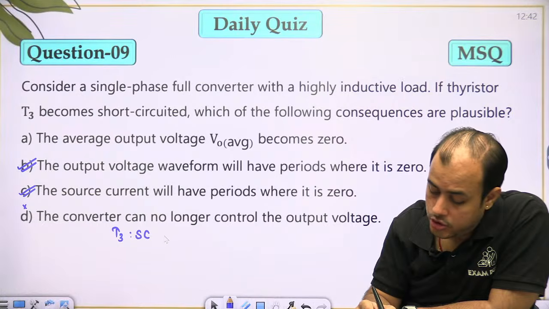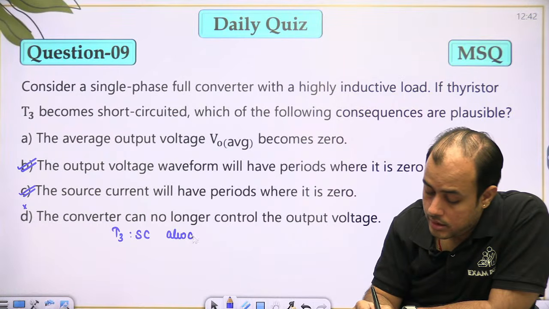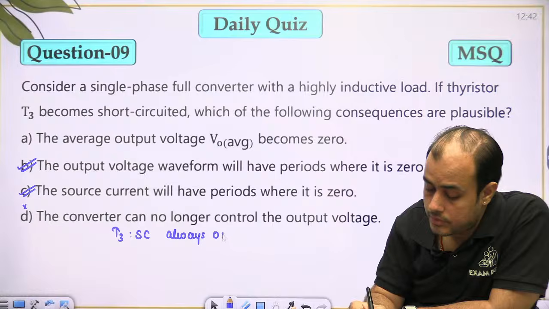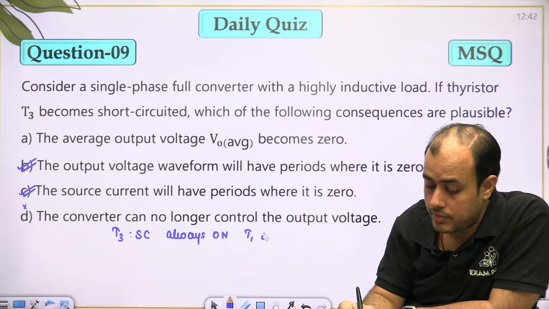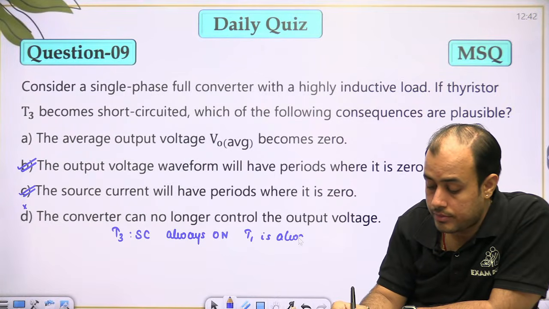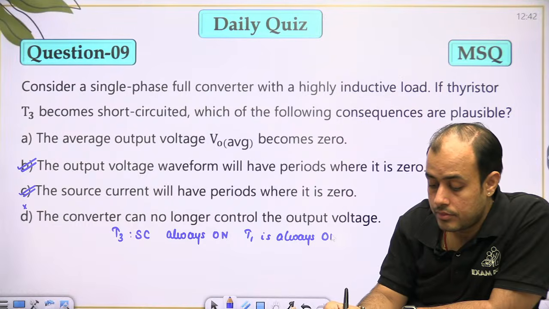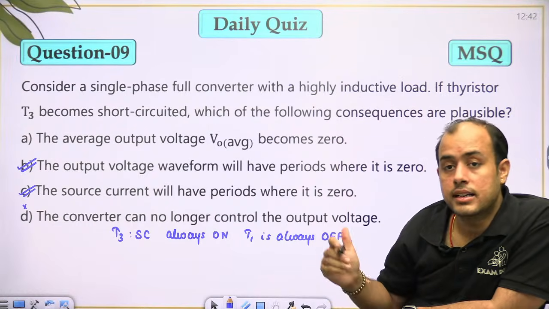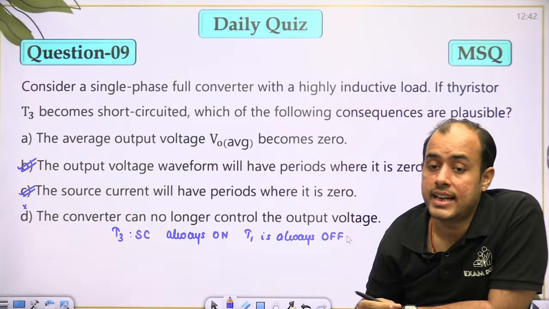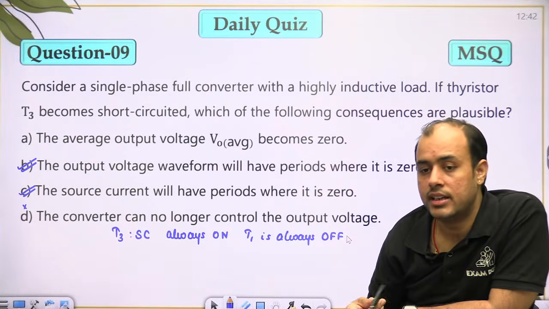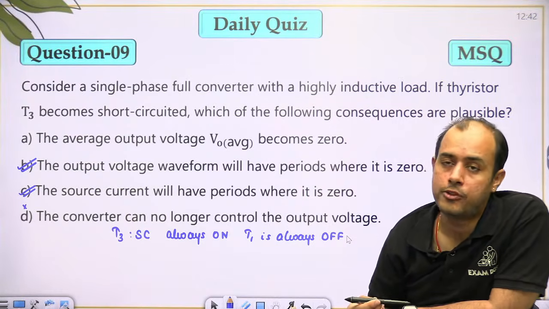If T3 is short circuited, it is always on, so T1 is always off. ठीक है. अगर ऊपर वाले ग्रुप में से एक डिवाइस परमानेंट ऑन हो गई तो दूसरे वाली परमानेंट ऑफ हो जाएगी.